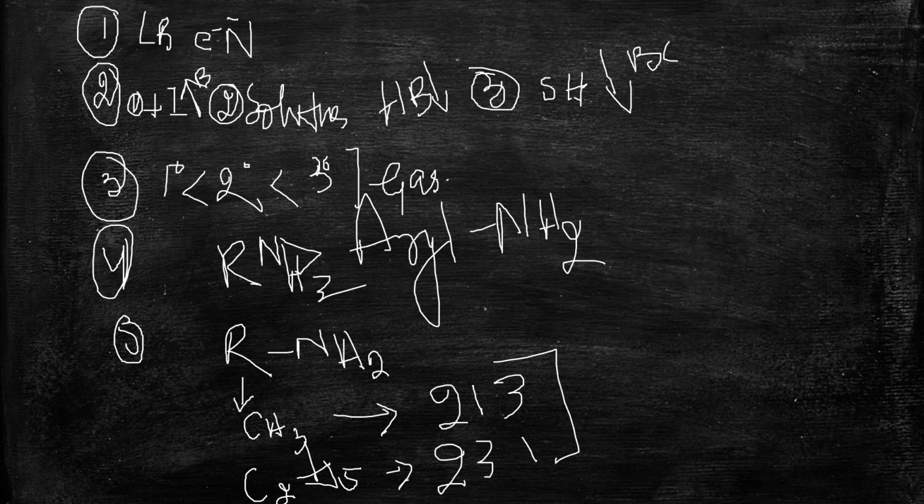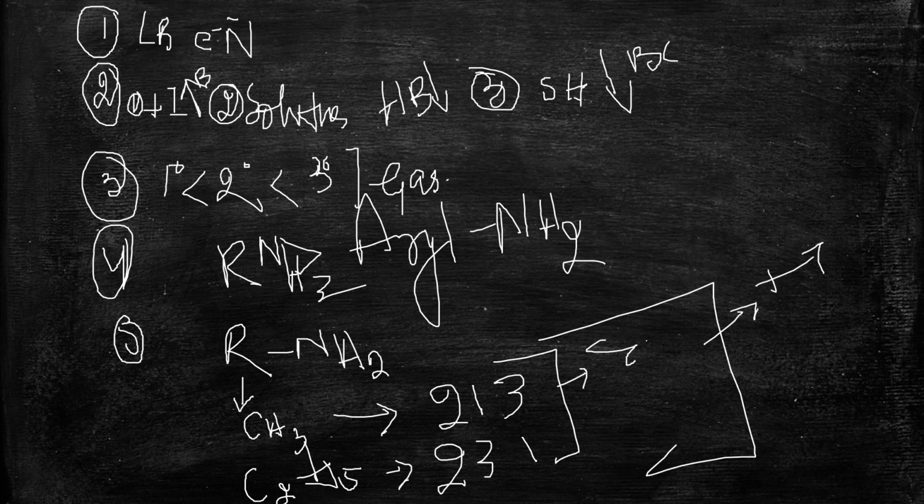And these two orders have been seen experimentally, and they are produced due to the additive effect of plus I effect, steric hindrance, and hydrogen bonding. This is all about the basicity of amines that you need to know.